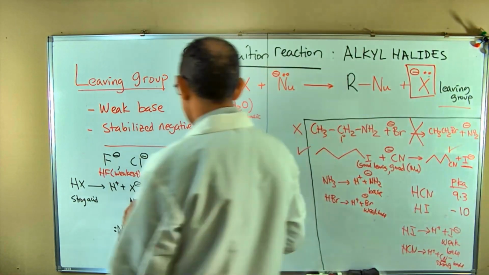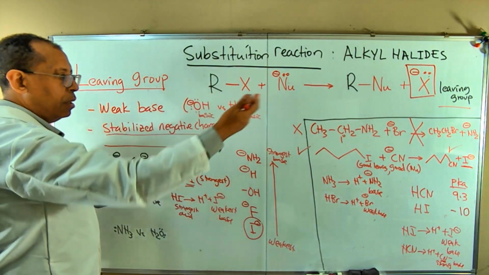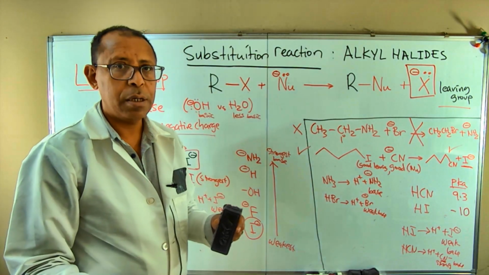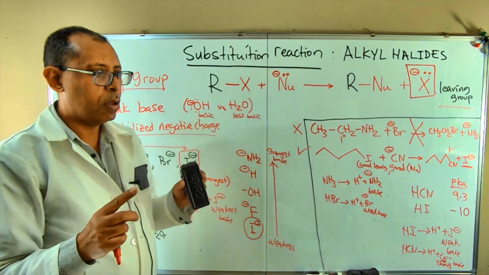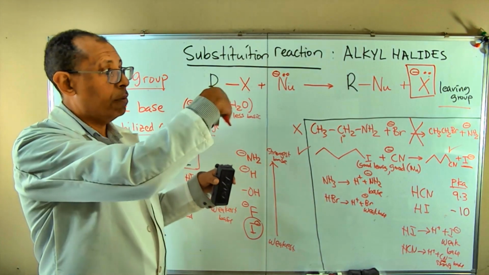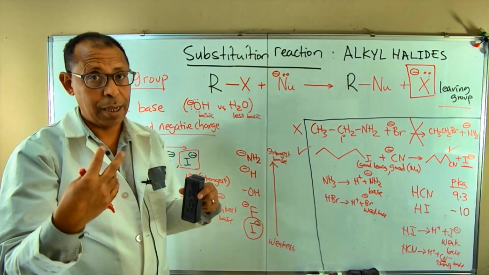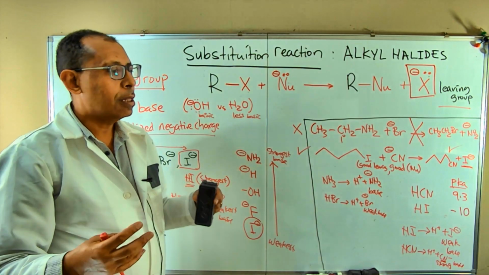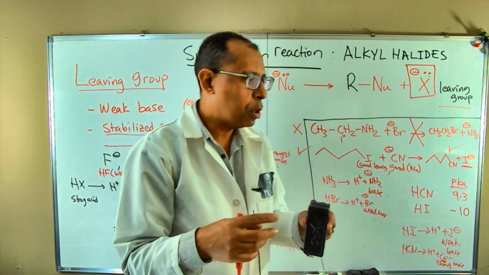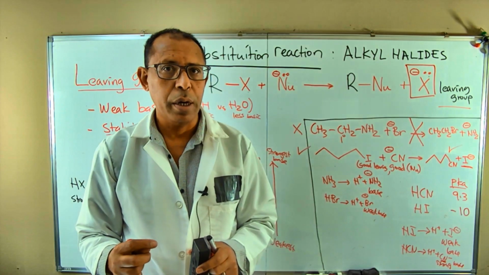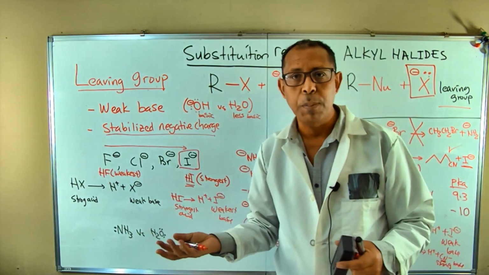Second, we have to also consider that if that negative charge after it left can be stabilized, that's a good leaving group. When we say stabilize the negative charge, if there is a resonance, for example, if something left and you have a resonance that can be drawn for that negative ion, that is also a good leaving group. So in the future, we'll be doing some exercises where you have to compare their acidity and what the conjugate base would be.